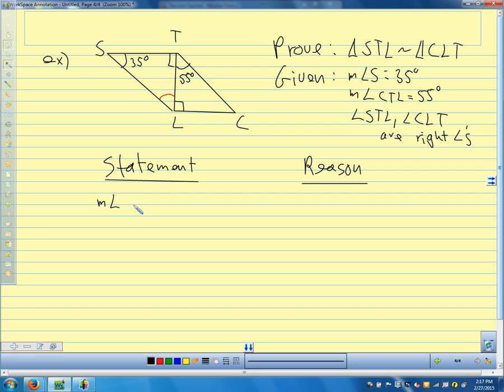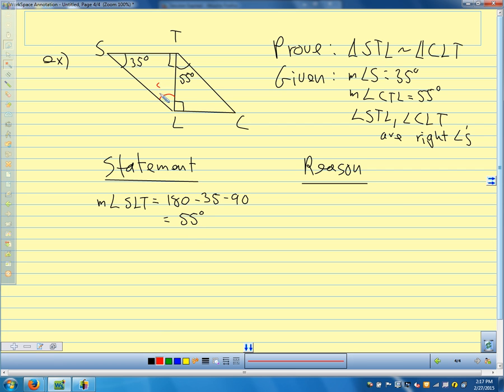Measure of angle SLT equals 180 minus 35 minus 90, which equals what? What do we hope it equals? We hope it equals 55, right? Does this turn out to be 55? Yes.